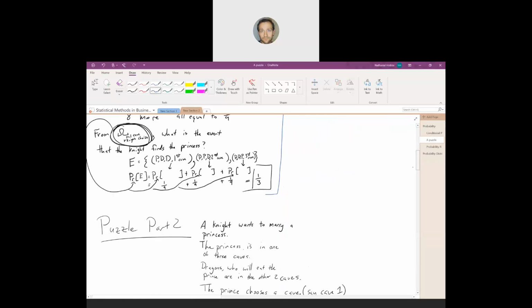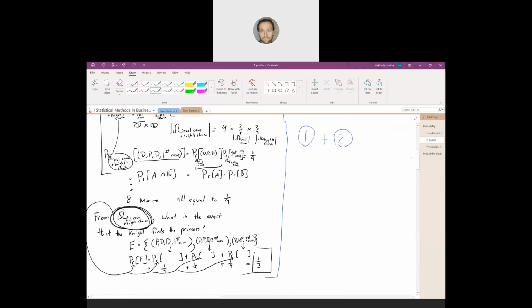I mean, basically, the probability of a success could be that the princess is in cave 1 at probability 1/3, and the knight chooses that one, cave number 1, with probability 1/3. And so there's a probability of 1/9 that both of those things happened together. That's one way that he could be correct.